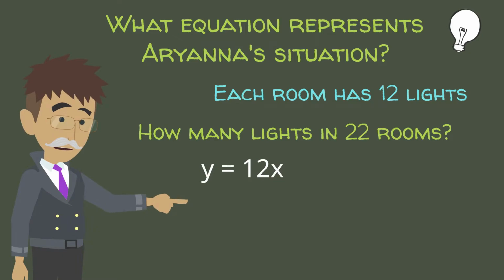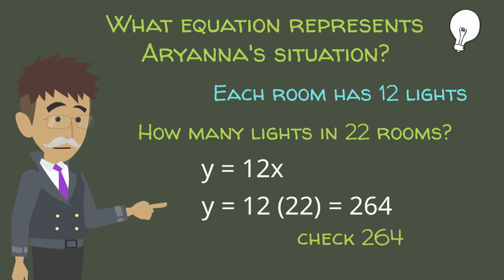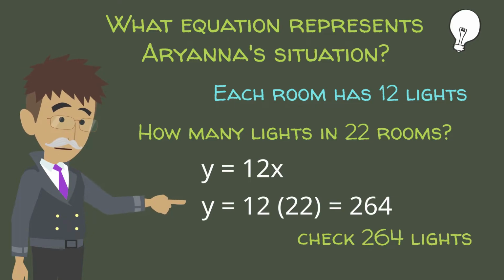To calculate the number of lights Ariana must check, substitute 22 for the variable x, then multiply. 12 times 22 is 264. Ariana would need to check 264 lights for 22 rooms.